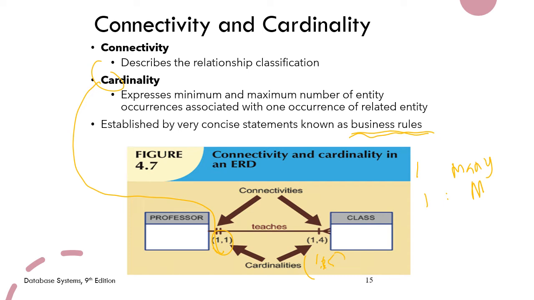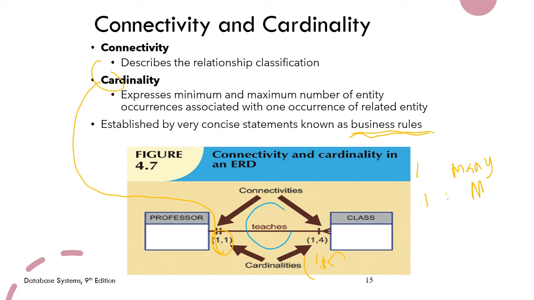But if, for example, the registrar says that in FSKTM they define that one professor must teach at least 1 to 2 classes only, then you have the concise statement of the business rules, so you can define the cardinality. This is the description of the relationship.